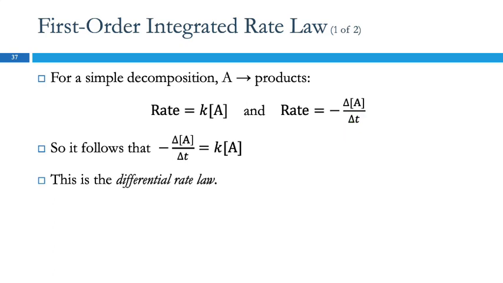Because A is going down, so its rate of change is negative, but the rate of the reaction has to be positive. So we know that these two things are true. They're both equal to the rate, and so we can put them together. That's what's called the differential rate law.